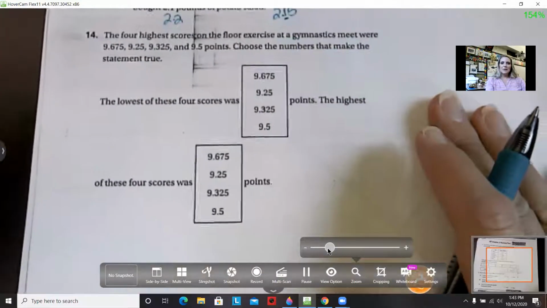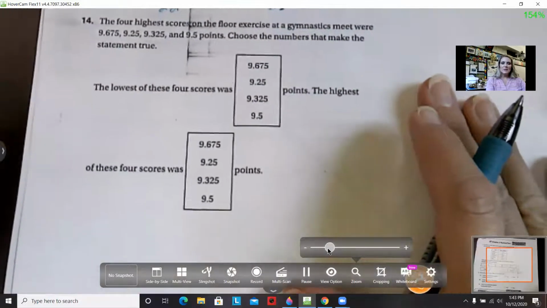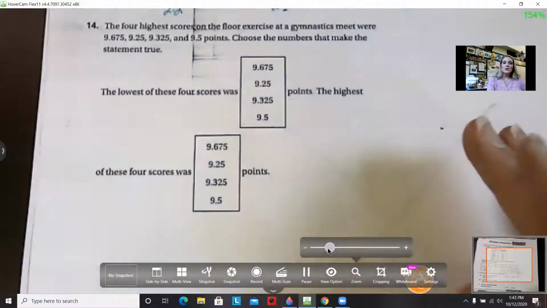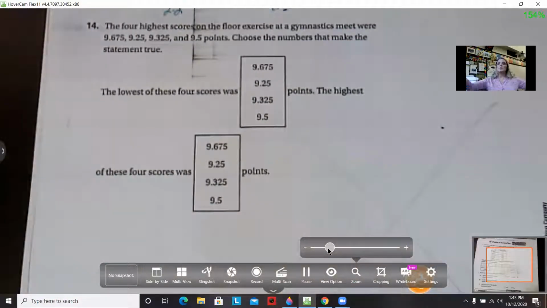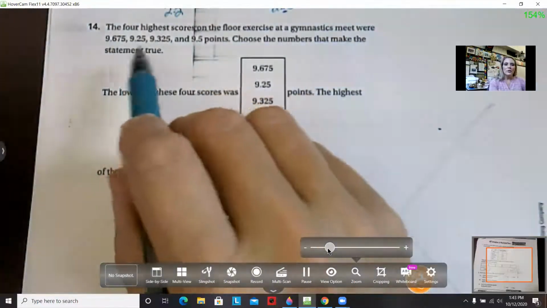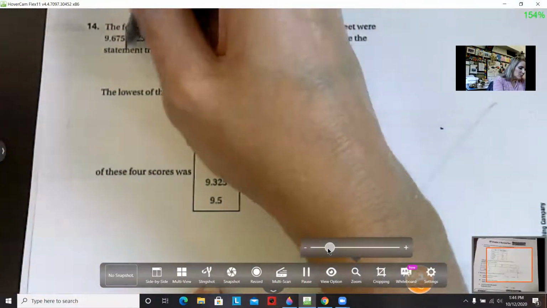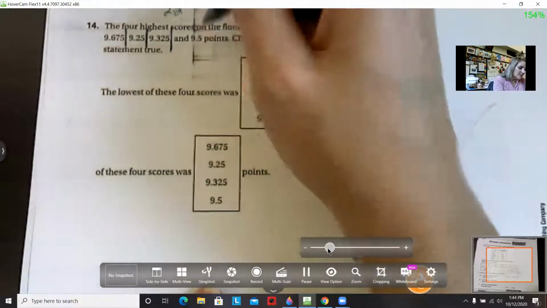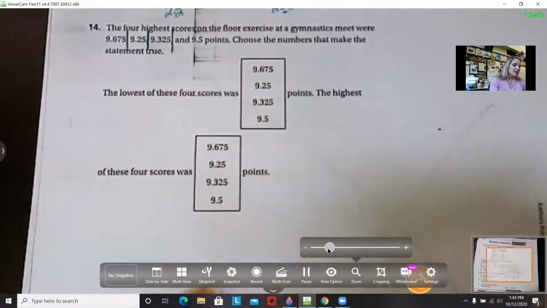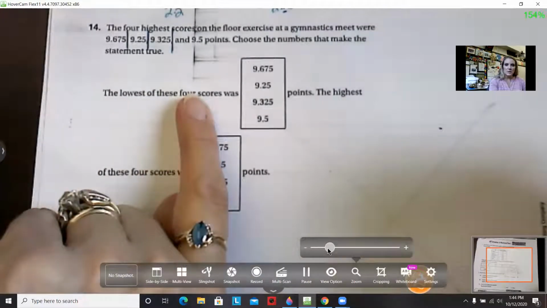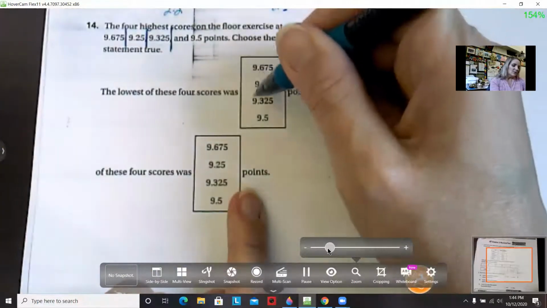All right, if you are into gymnastics, you understand this question. The 4 highest scores on the floor exercise, that's where they take the big floor and tumble and dance all around it. Here are the 4 highest scores. Let's separate those commas. Okay, choose the numbers that make the statement true. The lowest of these 4 scores, well, it might be easier just to see them here.